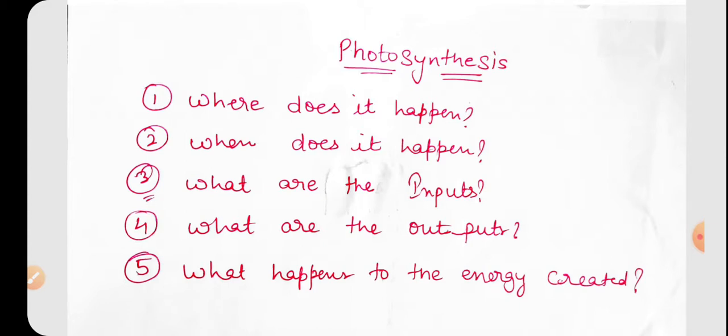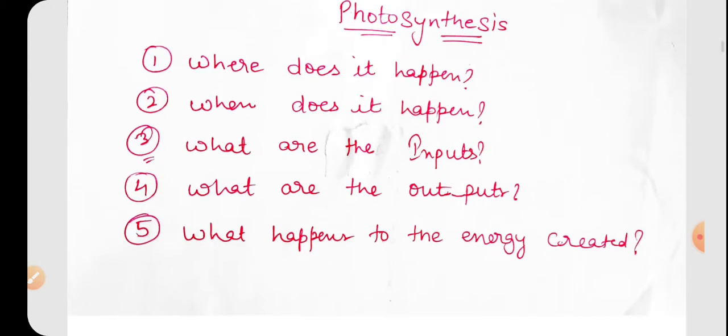And what are the outputs? The products which plants achieve are carbohydrates, that is the glucose, that is sugar, that is the food of the plant, and the oxygen. Those both are the outputs. So I hope you are clear with the equation of photosynthesis.